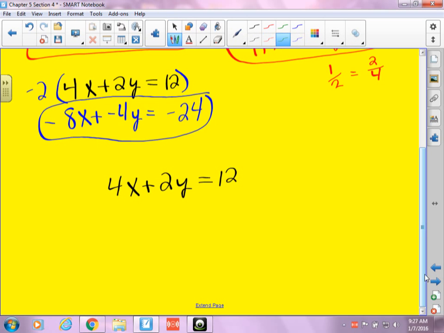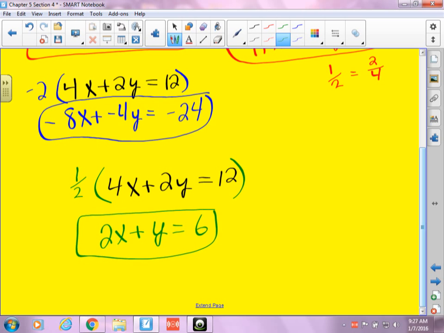I can multiply this by 1/2. That's the same thing as dividing by 2. So then I get 2x plus y equals 6. If your numbers were really big, you didn't want to make them too much bigger. That's right. Absolutely, you don't want your numbers too big.